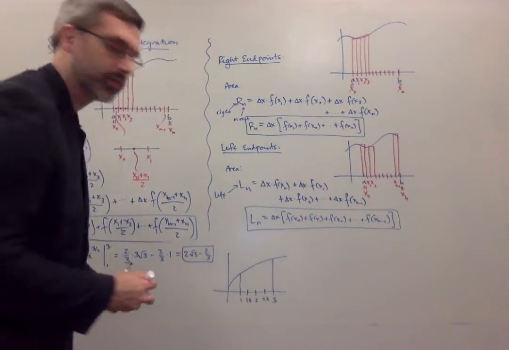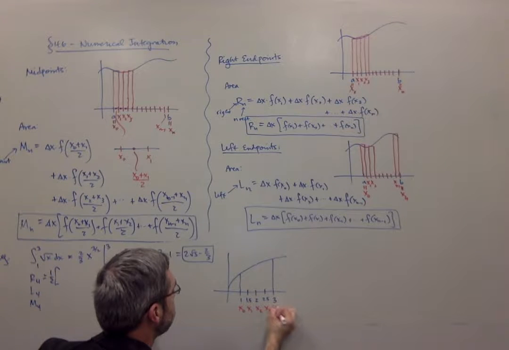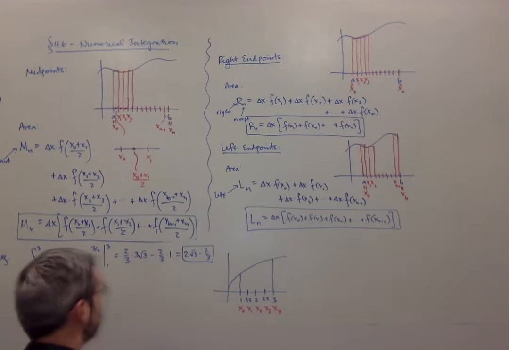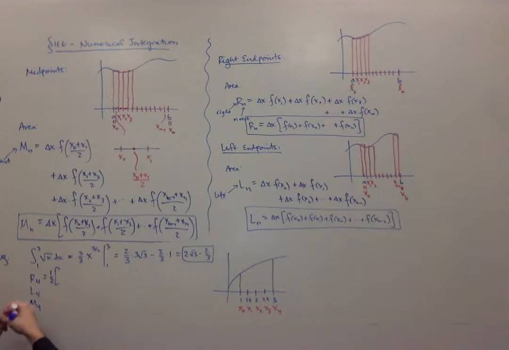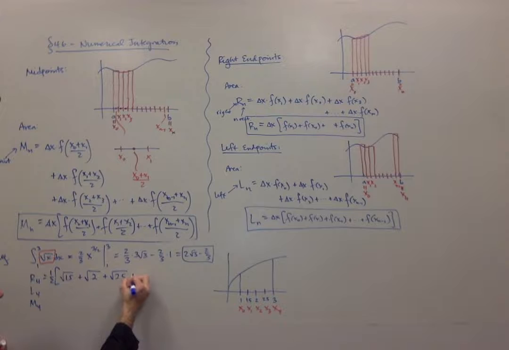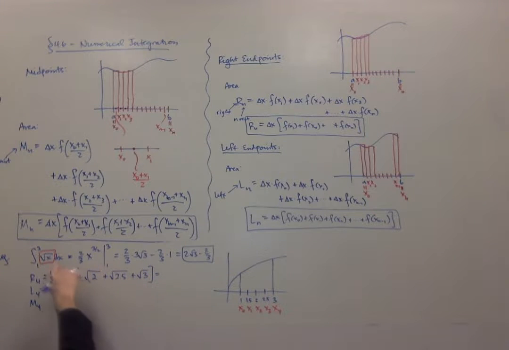Remember, this is x0, x1, x2, x3, and x4. So I'm supposed to take f of x1, which is 1.5, plus f of x2, which is just 2, plus f of x3, which is 2.5, plus f of x4, which is square root of 3. So you just plug this in your calculator and see what that equals. And that's your approximation to the actual area.